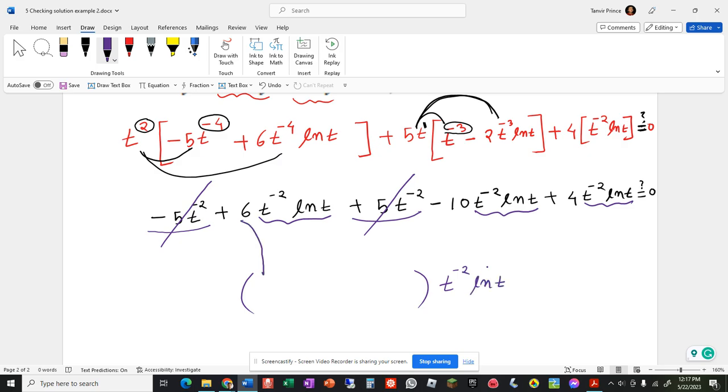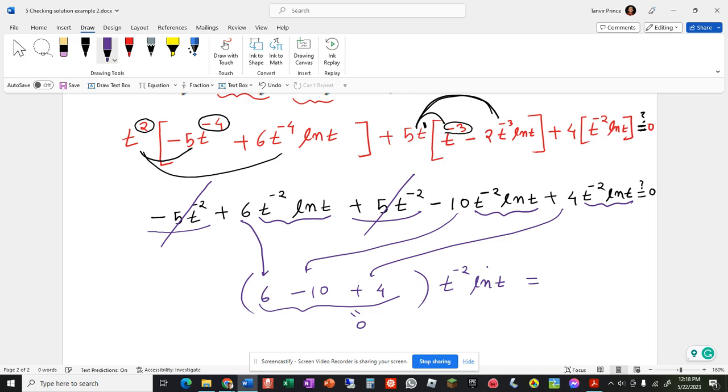From here I get positive 6, negative 10, plus 4. So all I did was factor out t to the power negative 2 ln t because that's a common factor. And once I do that, this is in fact 0. And 0 times anything is 0. So I do get 0, which matches my right hand side. So indeed, this is a solution.